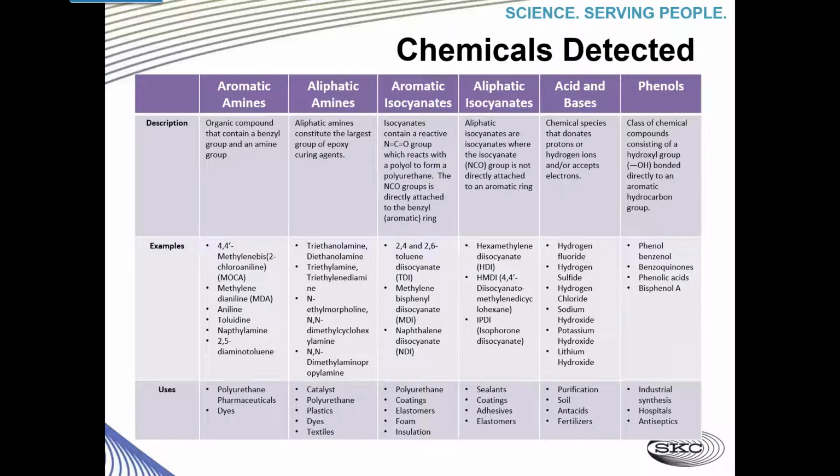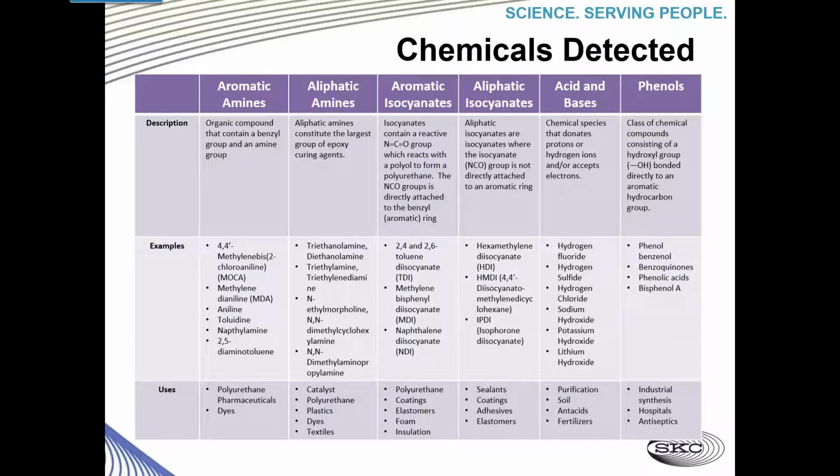We have the aromatic and aliphatic amines, and that's the description. If you see the word aromatic, it's because it has a benzyl group in its molecular structure. In this case, it also has an amine group. Those are examples of aromatic amines. We've got MOCA, MDA, some aniline, etc. And those are the uses.